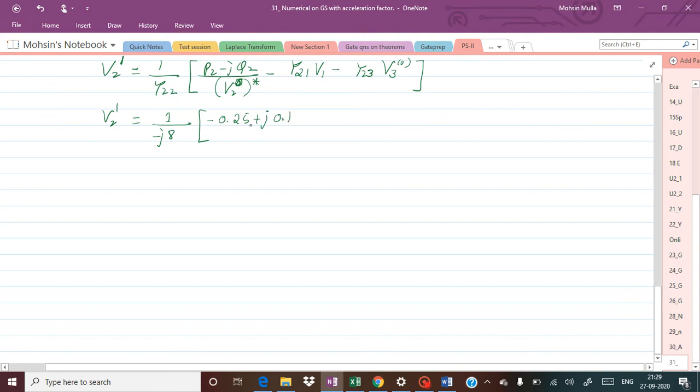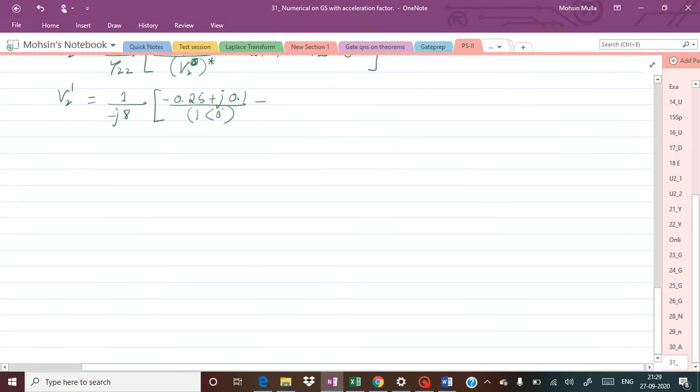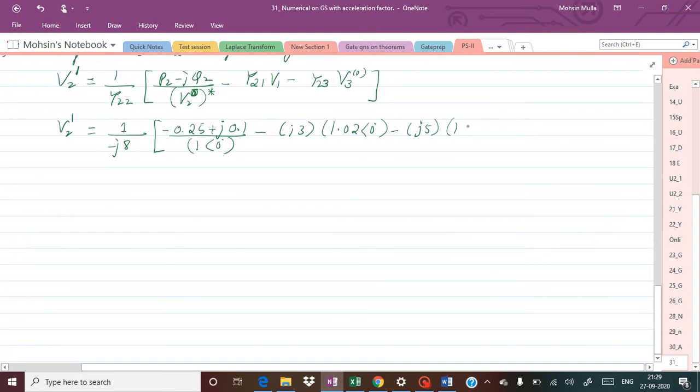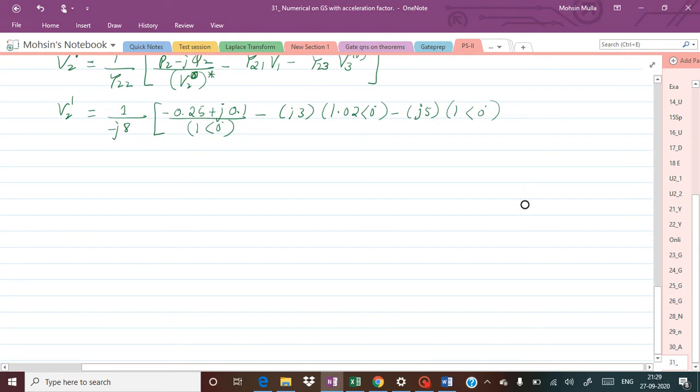Minus of minus gives plus, the denominator is 1 at an angle 0, minus Y21, which is j3, times v1, which is 1.02 at an angle 0, minus Y23, which is j5, times v3 of 0, which we have assumed as 1 at an angle 0, or 1 plus j0.